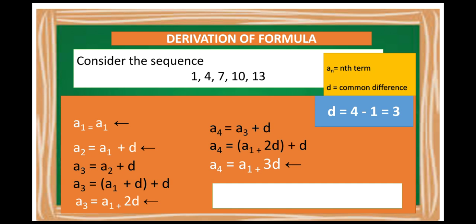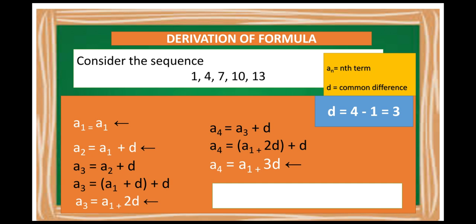Alright, so how about the common difference d? Notice that as you look for a sub 2, you multiply the common difference by 1. As you look for a sub 3, you multiply the common difference by 2. And as you look for a sub 4, you multiply the common difference by 3.